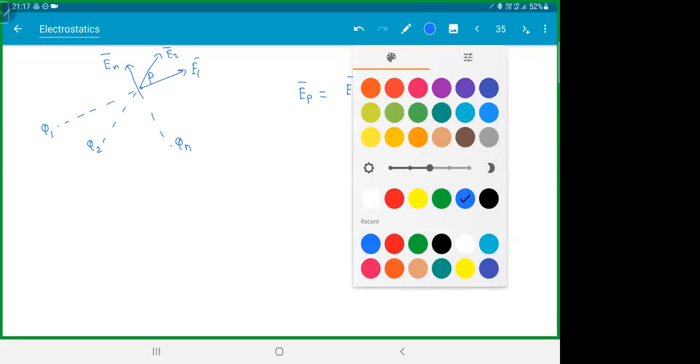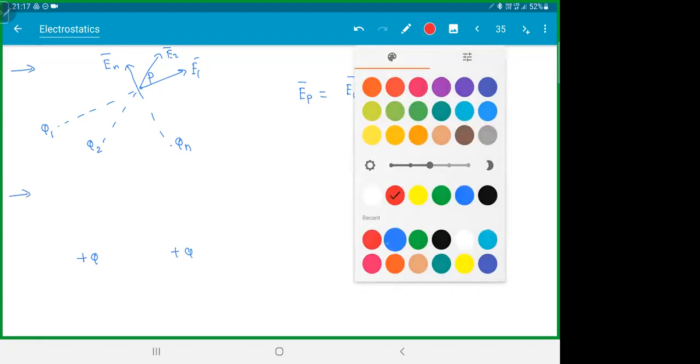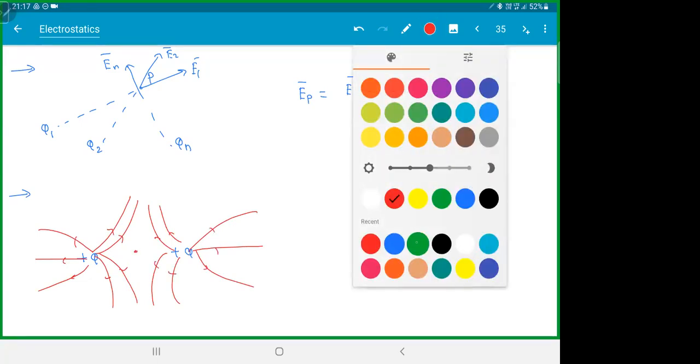So if you try to draw the field lines for multiple charges, plus Q and plus Q, the field lines will look like this. This point here in the center where there are no field lines is called a null point.